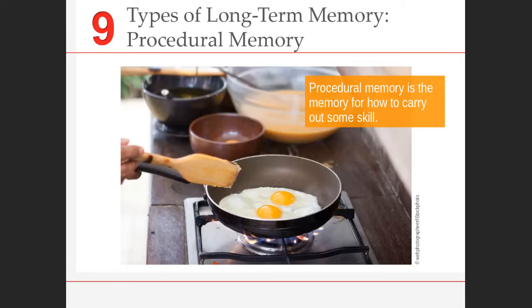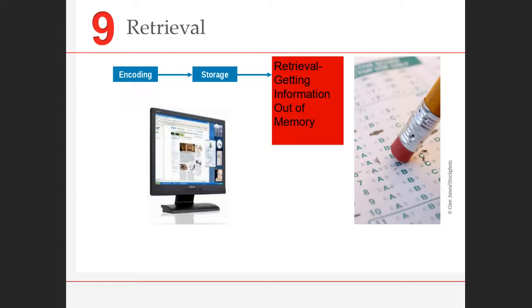And then we have procedural memory, another type of long-term memory, and that's for how to do certain types of things. So we encode information, we store it, and then we retrieve it, and that is to get information out of memory.